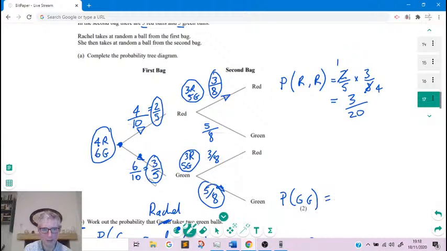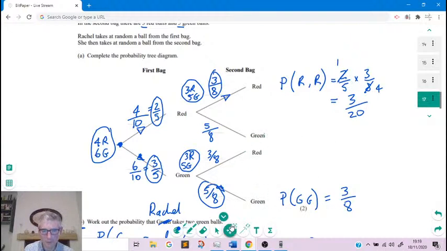Previously, for the probability of getting green and green, have a look what we did get. I think we got 3/8, yes: 3/5 times 5/8 is 3/8. So what we then need to do is add these together.